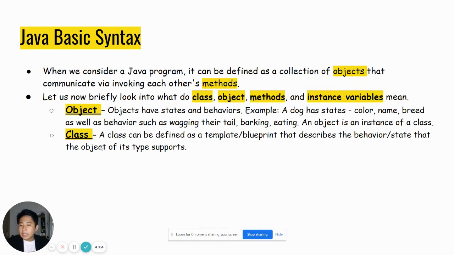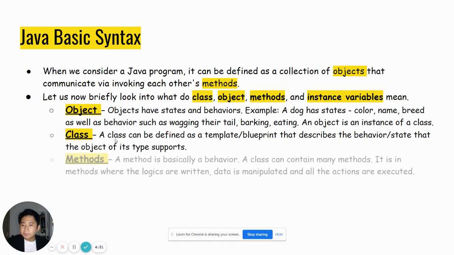Meaning inside the class is where you will describe the behavior of an object, or the state of an object. So that is class. I know it's confusing right now, but later as we proceed, you will understand it more as I give you examples.